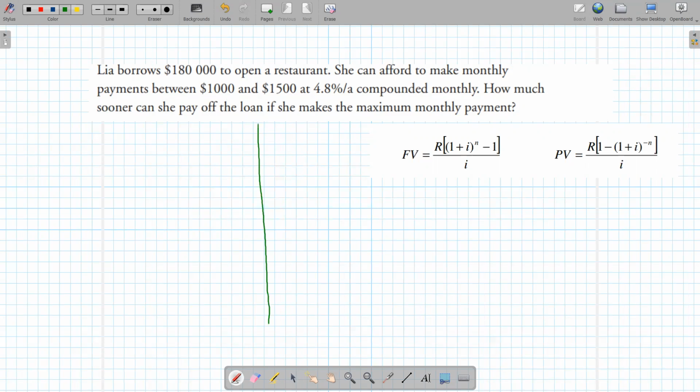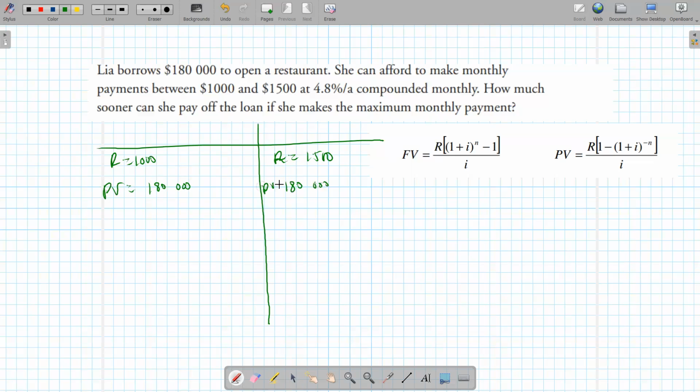She can either pay the minimum, which is 1,000, or she can pay 1,500, which is the maximum. In both cases, the present value is 180,000.